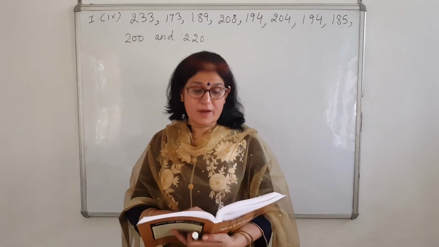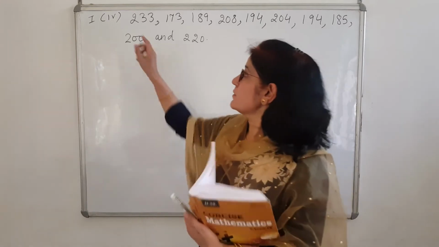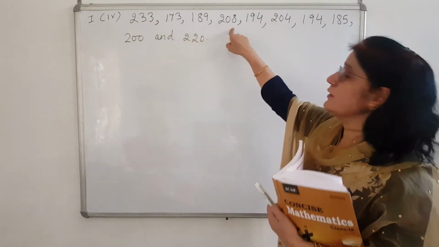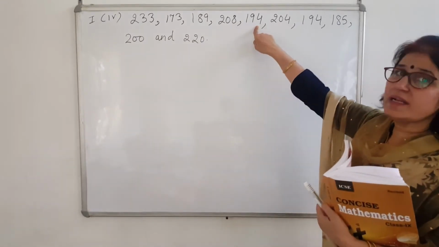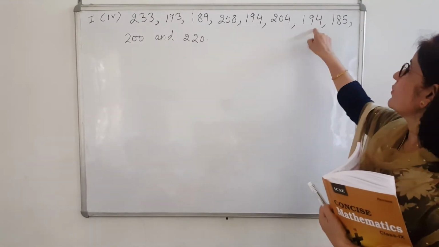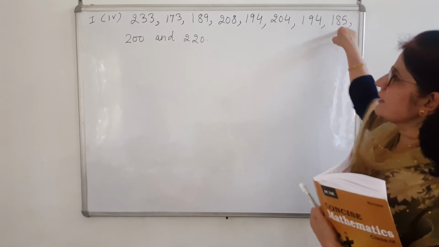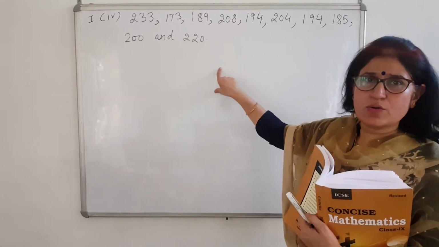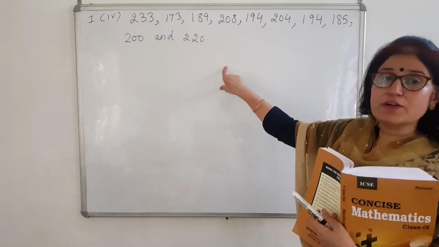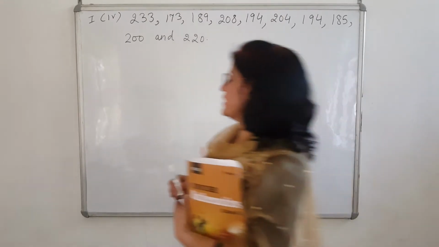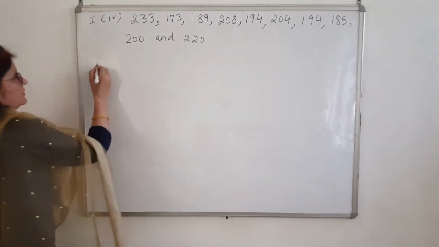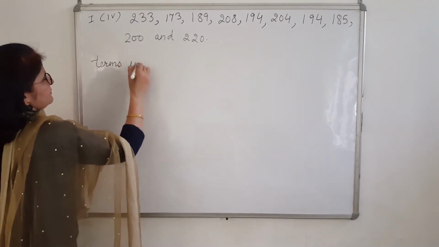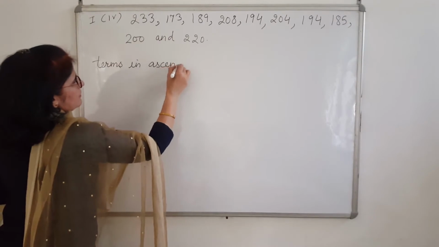Now we will do the fourth part of the first question. Here numbers are given: 233, 173, 189, 208, 194, 204, 194, 185, 200 and 220. Can we straightaway find out median? No. First of all, we have to arrange them in ascending order.